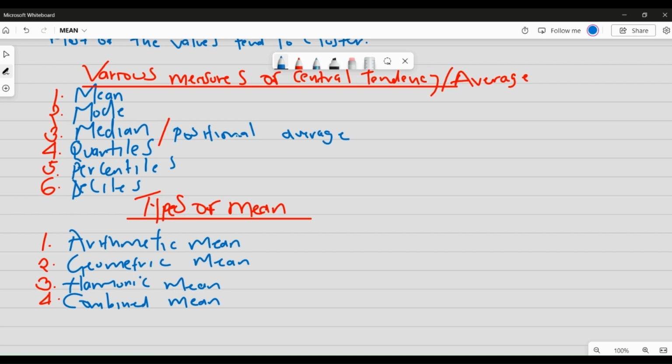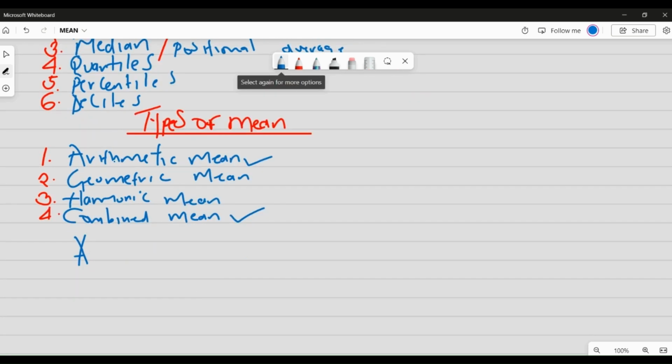So we're going to look at arithmetic mean, and if time allows us, we'll also be looking at combined mean. It is important to note that when it comes to arithmetic mean, there are various methods that one can use to solve a problem.